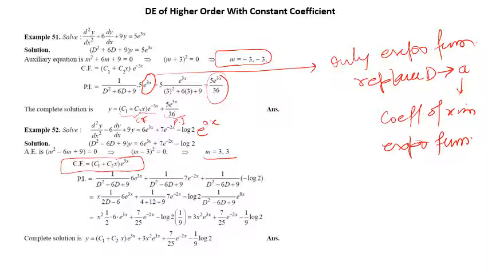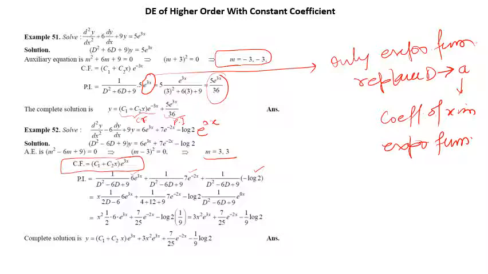Since it is a summation, first we have to calculate PI for this, PI for this, and PI for minus log 2. Replace D by the coefficient of x, that is 3, in the first term. Then 9 minus 6 into 3, 18, plus 9.